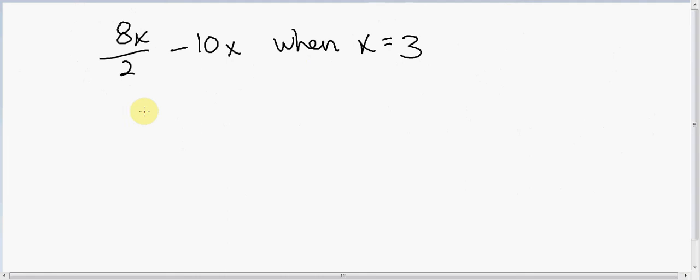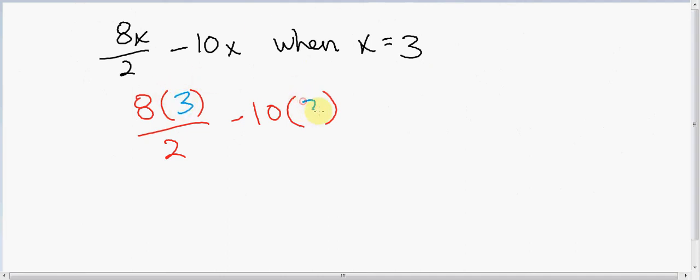Alright, last problem here. I'm going to go through and put parentheses everywhere I have a variable. And then I'm going to substitute in my value for x, which is 3, inside the parentheses. Then I'll follow the order of operations. A fraction bar is a grouping symbol, so that tells me I have to do everything in the numerator and then everything in the denominator, and then I'll divide the two results.